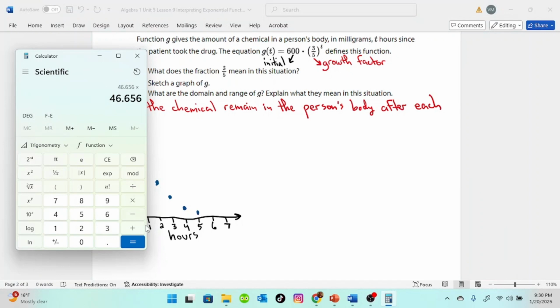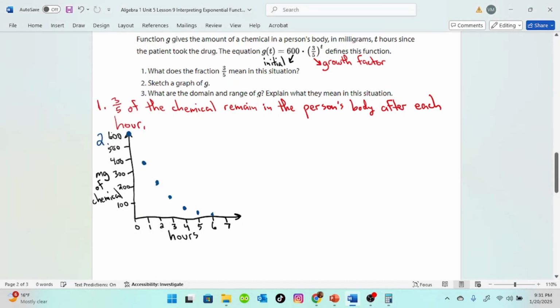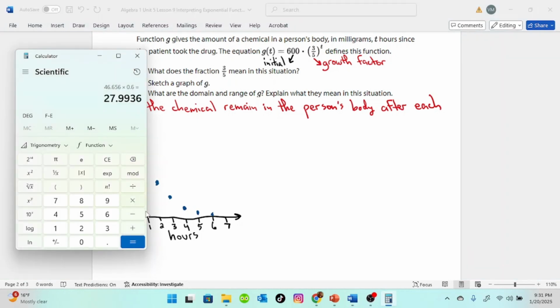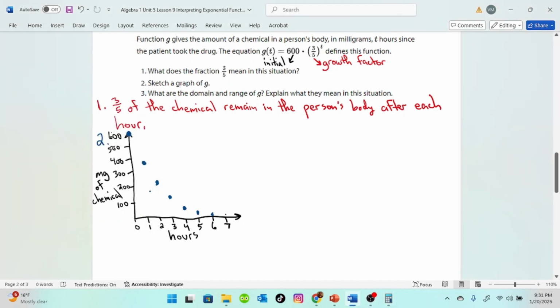And we multiply by 0.6, and that gets us down to roughly 28. And if we multiply by 0.6, now we're down to about 17. So we're just going to keep getting closer and closer and closer to that x-axis. But if you remember, because we are always saying that there is still 3/5 of the chemical left, we will never actually hit 0.